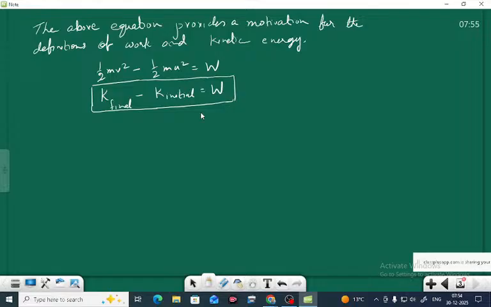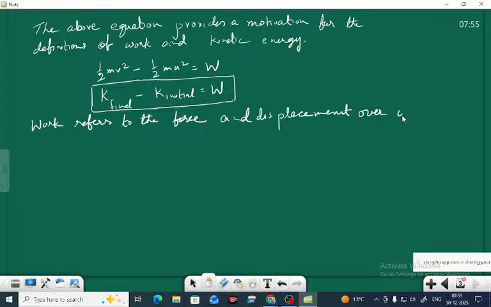Here K final and K initial are respectively the final and initial kinetic energies of the object. Work refers to the force and displacement over which it acts, right?